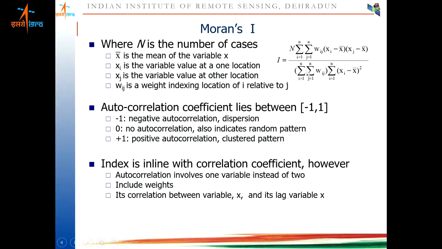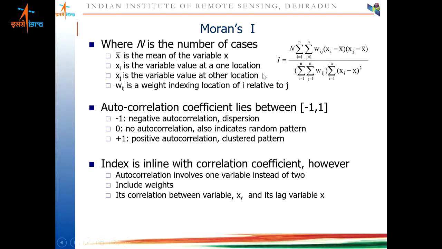Here is the formula to find Moran's I index. It is similar to the correlation formula, but the difference is that in correlation we have two variables, x and y, whereas here we have only one variable.